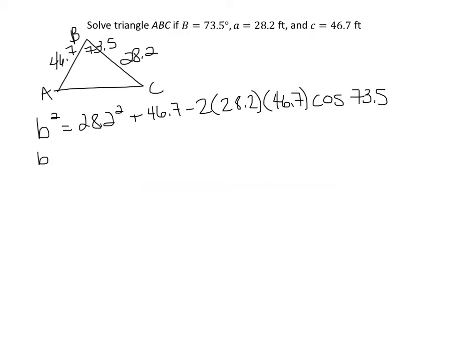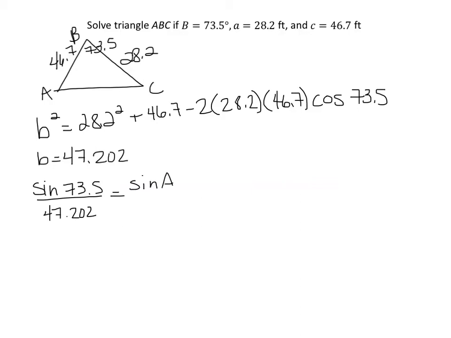Side B is 47.202. From here, I can just simply use the law of sines to find the other two sides. And I'm sorry, I meant the other two angles. So we would do the sine of B over 47.202 is equal to the sine of A over 28.2.